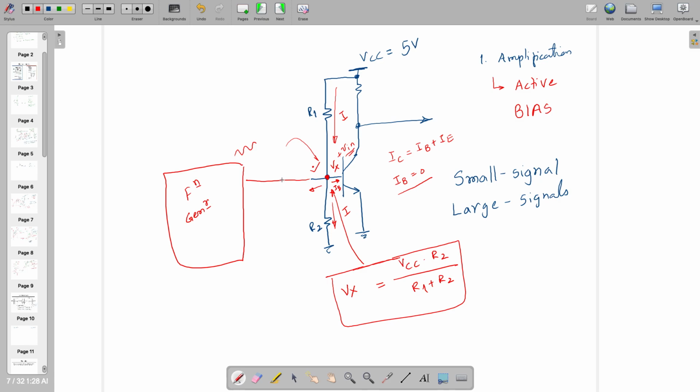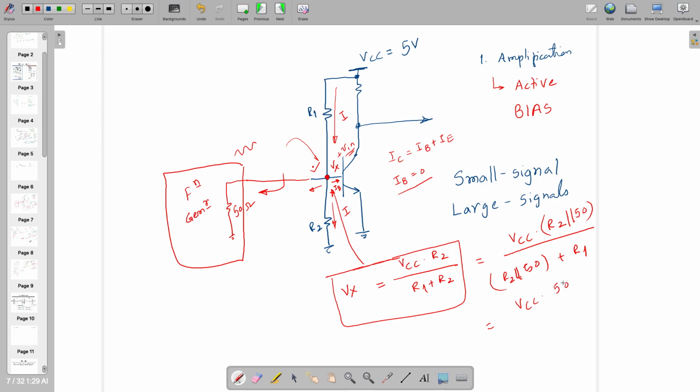If this side is high impedance, no problem. But there is some impedance, and what was that impedance value? 50 ohm. So you are going to see something like this. Do you agree with me? Right? So this will be 50.